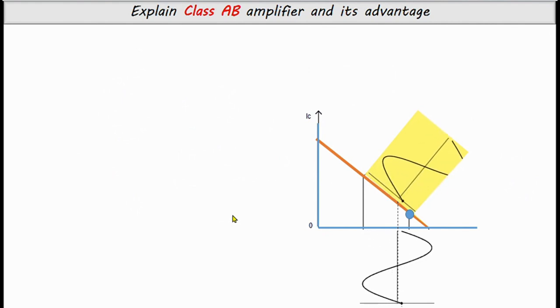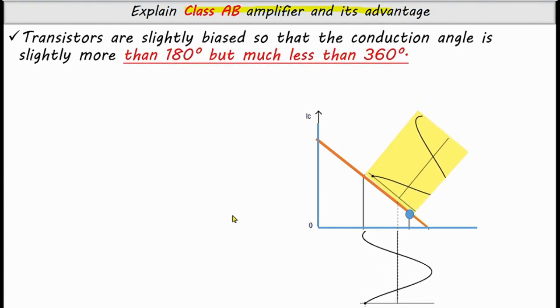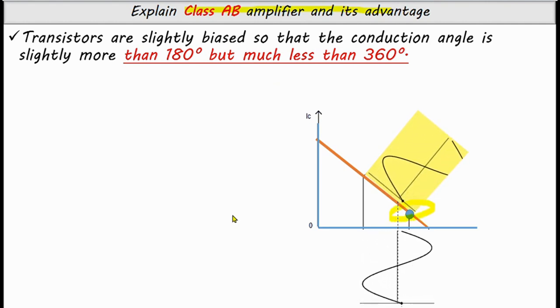So there was a problem of crossover distortion in class B amplifier. So the next question was, explain class AB amplifier and its advantage. From this animation you can see the Q point. The Q point is just above the cutoff region.